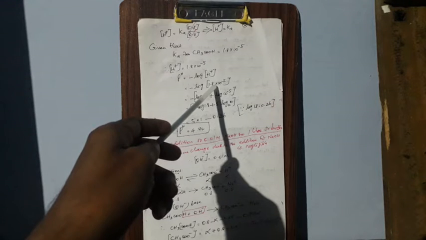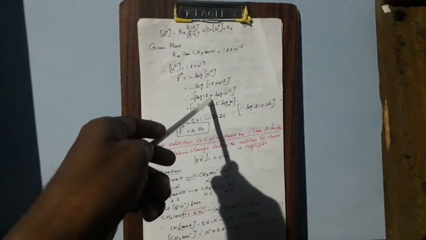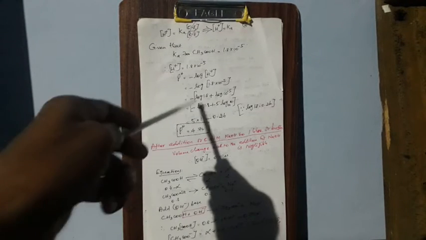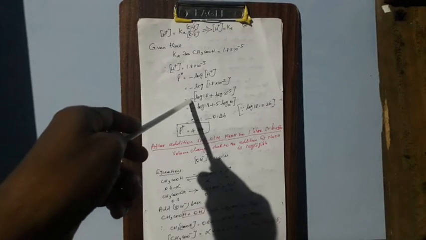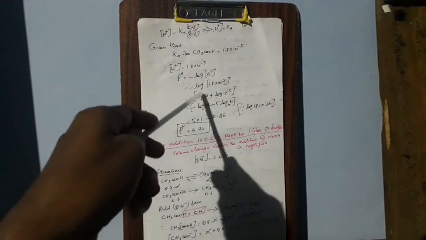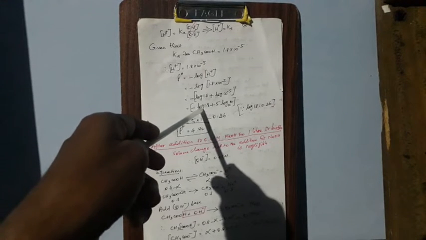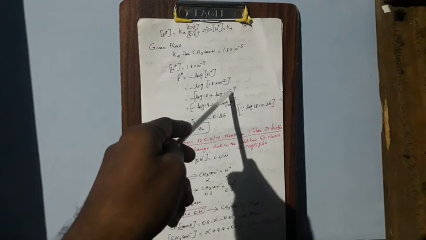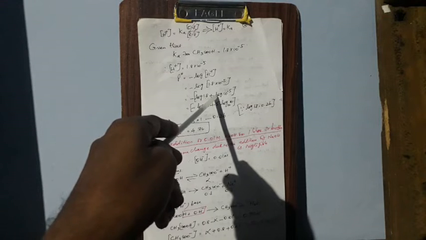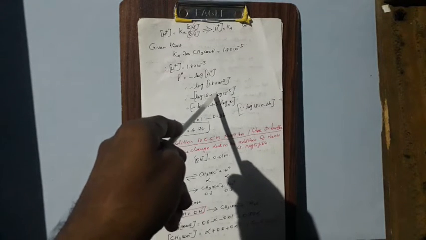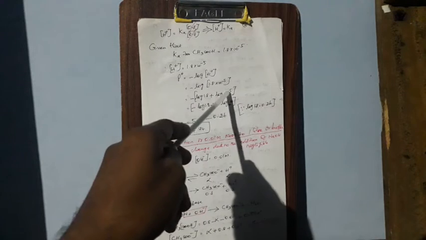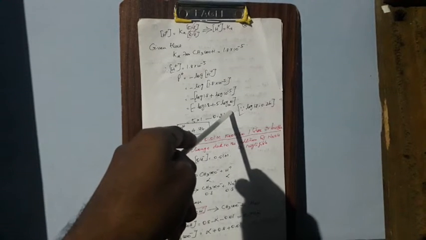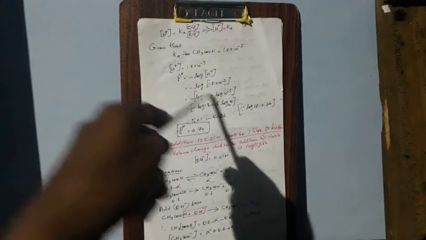You split it: minus log 1.8, and since multiplication is there, we write the plus symbol and then 10 to the power of minus 5. Moving the multiplication inside the bracket, minus log 1.8 plus minus 5 log 10, the power is moved before the log.